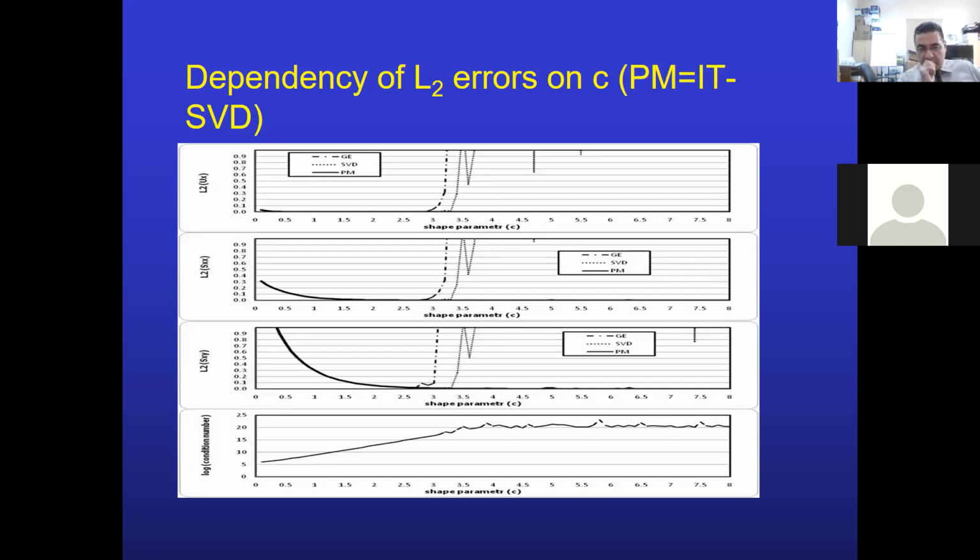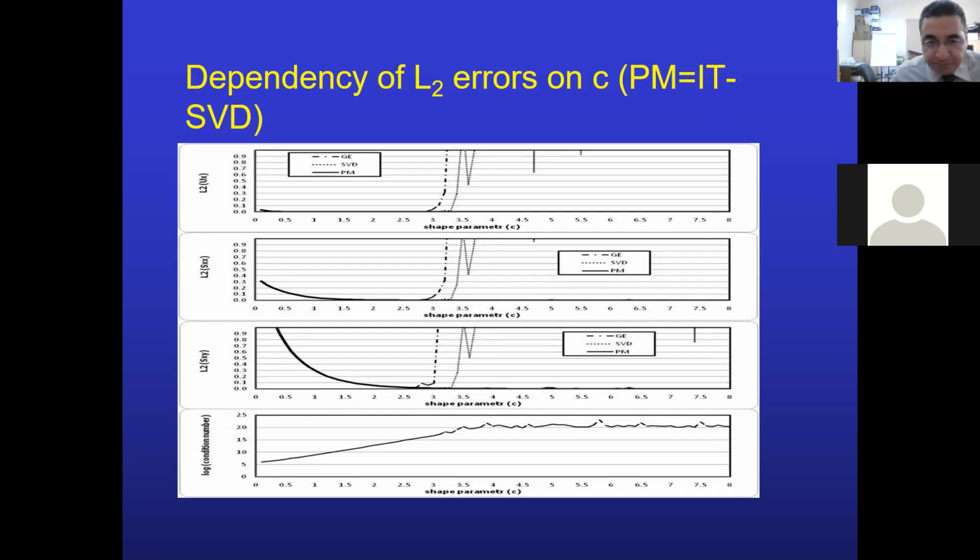Anyway, this is the dependency of the L2 errors on the shape parameter. And this is with various, so I'm taking displacements in the u and x directions, and also the shear stresses.